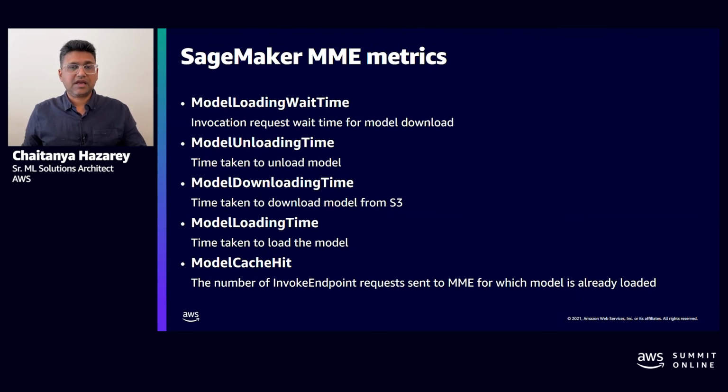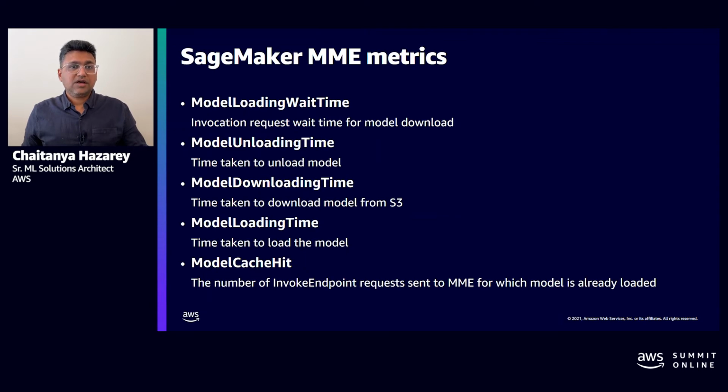Similarly, model loading time is the time taken to load the model in memory. Model downloading time is the time taken by the endpoint to download the model from S3, and model cache hit is the number of invoke endpoint requests sent to the multi-model endpoint for which a model is already loaded. Model cache hit is actually the metric that you want to check to figure out if a model has already been loaded in memory and is being inferred against.